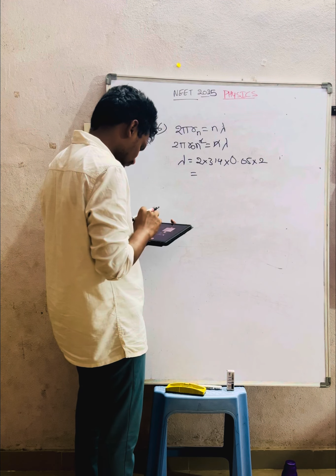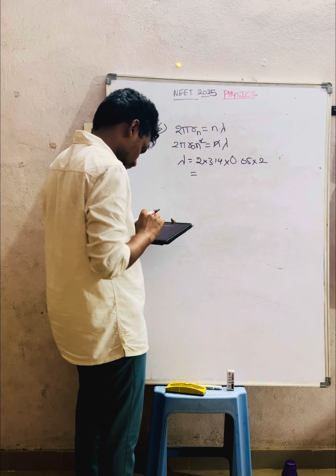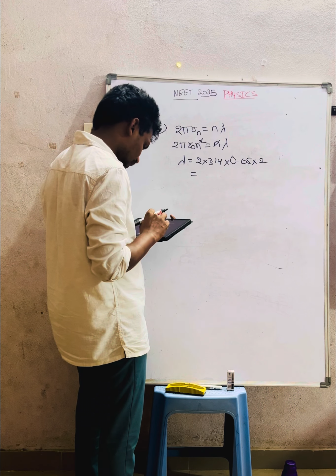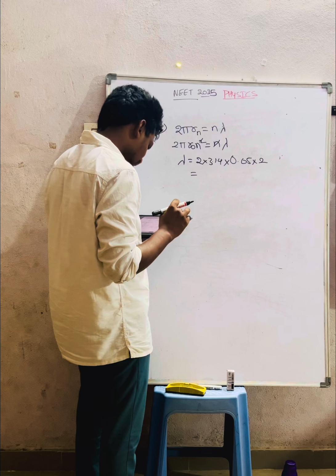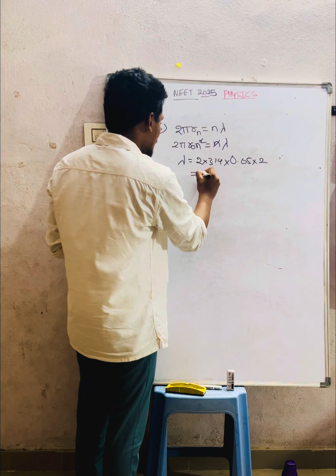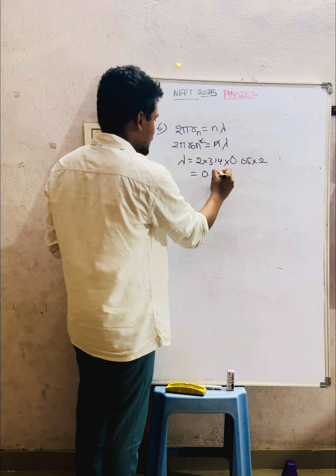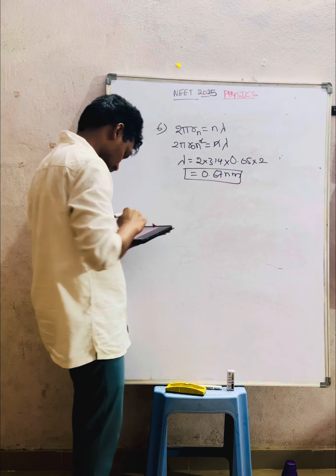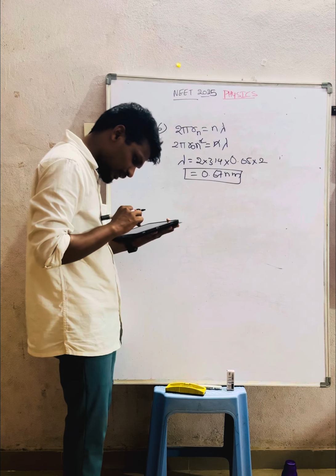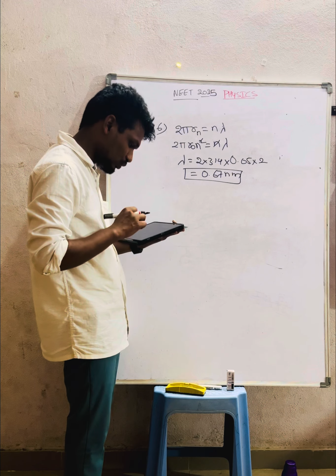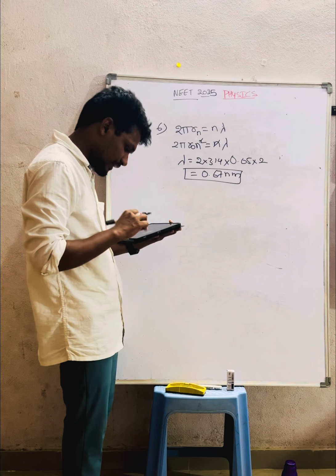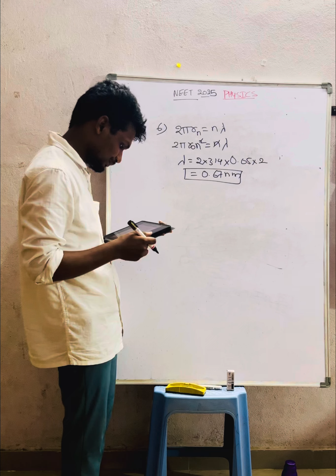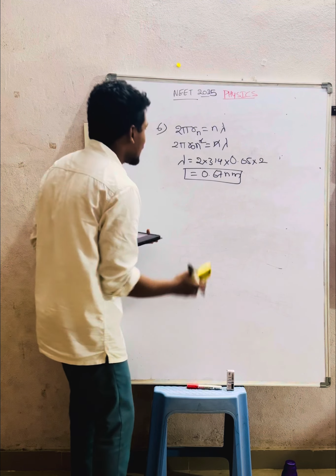I would like to use a calculator to get an approximate value. I'm getting approximately 0.67 nanometers, which is option 1. To be precise, I'm getting 0.6532312, but fair enough, it's quite close. Now let's move on to the next question.